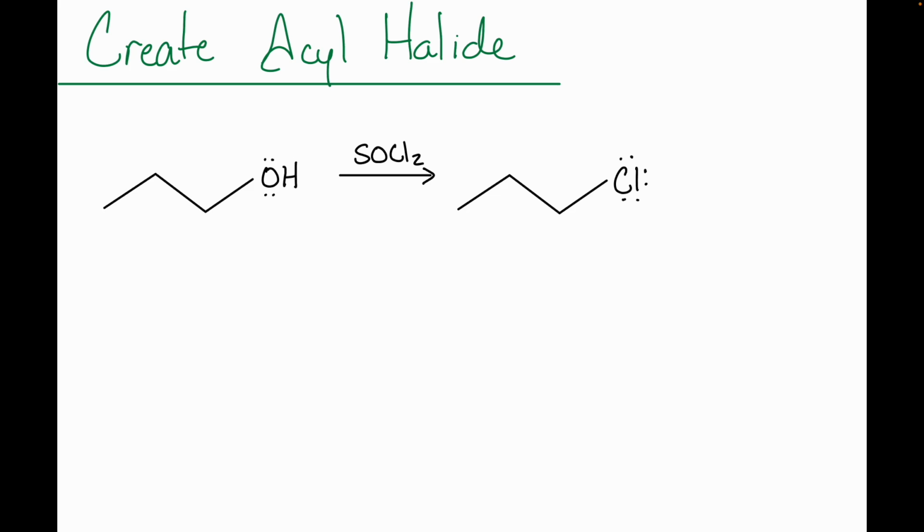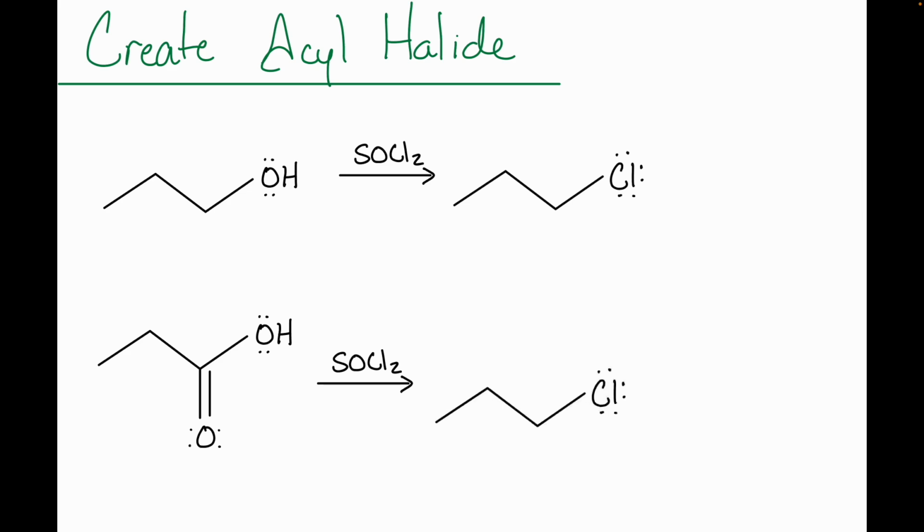All right, well, it turns out that if instead of starting with an alcohol, we started with a carboxylic acid and treated that with that thionyl chloride, it actually does the exact same thing. It substitutes out that hydroxyl group for a halogen, but if we start with a carboxylic acid, that means that we would be ending with that acyl halide.